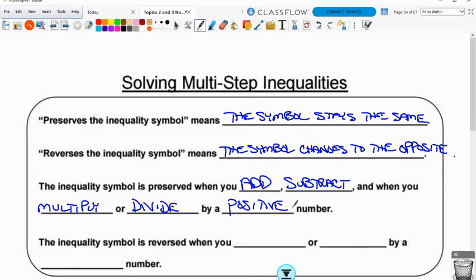Okay, and so that means that the inequality symbol will be reversed only when you multiply or divide by a negative number. Okay, so just make sure that you're paying attention to the operations that you're doing and the types of numbers that you're using in those operations to figure out if you're preserving or reversing the symbol.